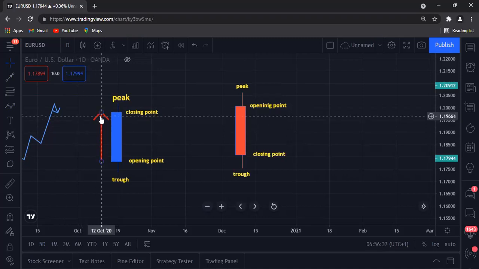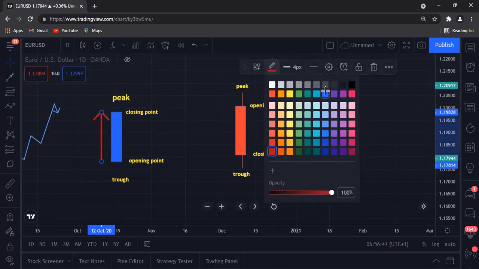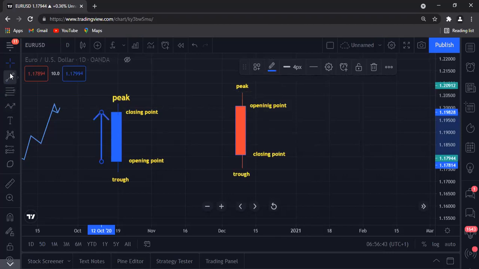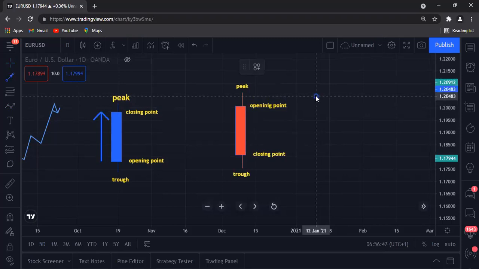So let me make this blue. And bearish this direction.